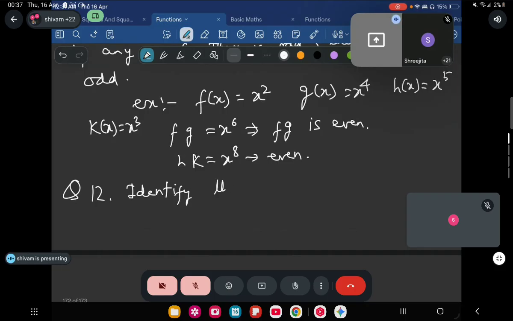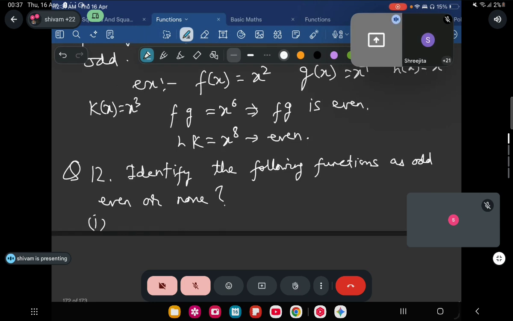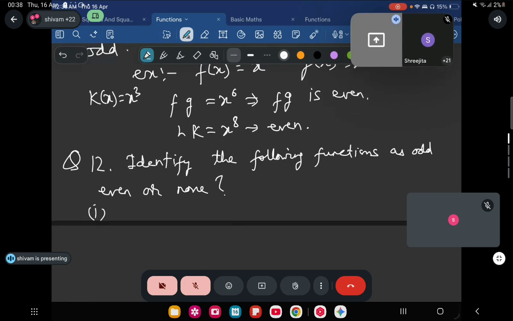Identify the following functions as odd, even, or none. Number one. I'll do only part one. Parts two, three, four we'll discuss next day. y is equal to x sine square x minus x cube. Once you have done it, send your answers quickly.